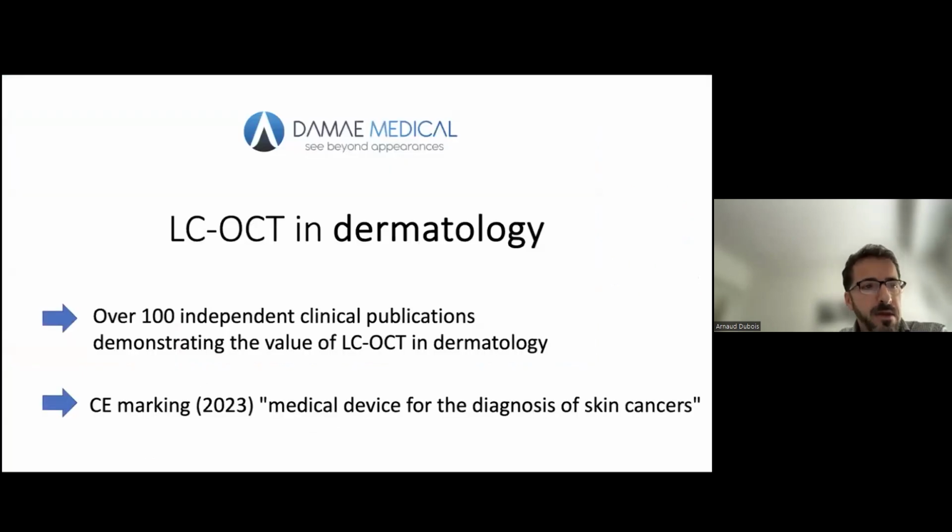Okay, now I will talk about the application of LC-OCT in dermatology. More than 100 independent clinical publications demonstrating the value of LC-OCT in dermatology have been published to date. And we have recently obtained the CE marking of DeepLive as a medical device for the diagnosis of skin cancers.